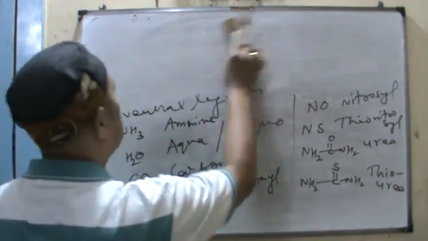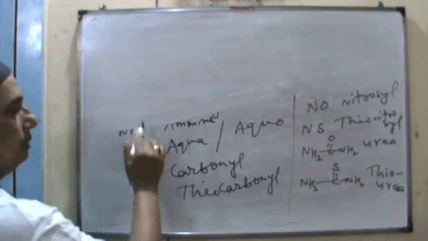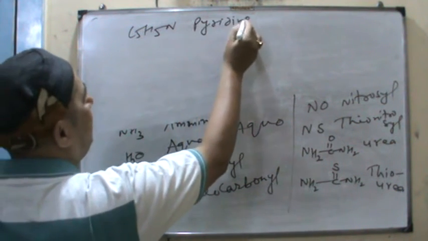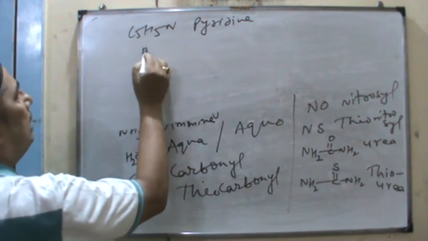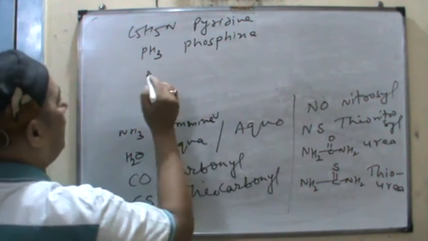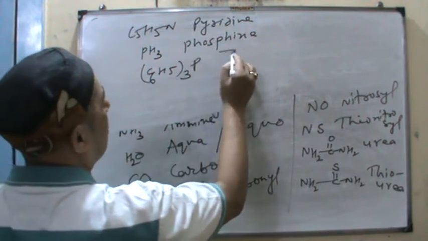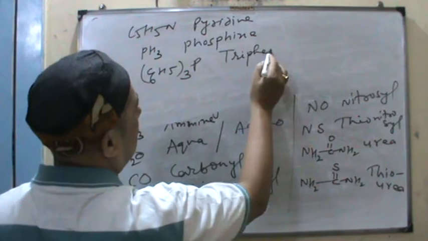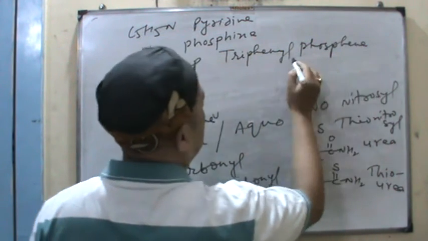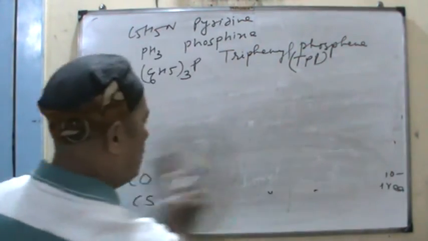And then other examples in the case of neutral ligands are C5H5N, pyridine, PH3, phosphine, and (C6H5)3P, triphenylphosphine. In short, it is TPP. This is triphenylphosphine.